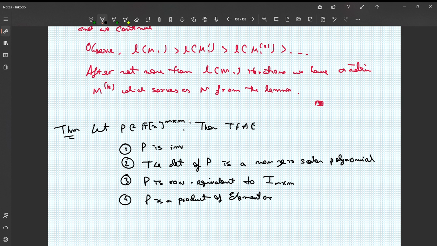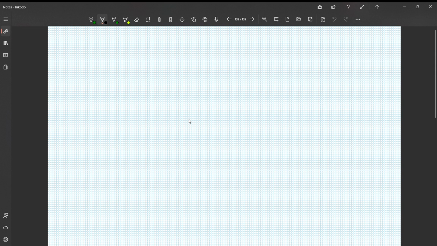And number four is that P is a product of elementary matrices. I'm not giving the proof of it, but let's leave it as an exercise. Obviously, try to use the lemma which we previously used to prove this theorem. We prove 1 implies 2, 2 implies 3, 3 implies 4, and 4 comes back to 1. Okay, try it on your own. Clear?